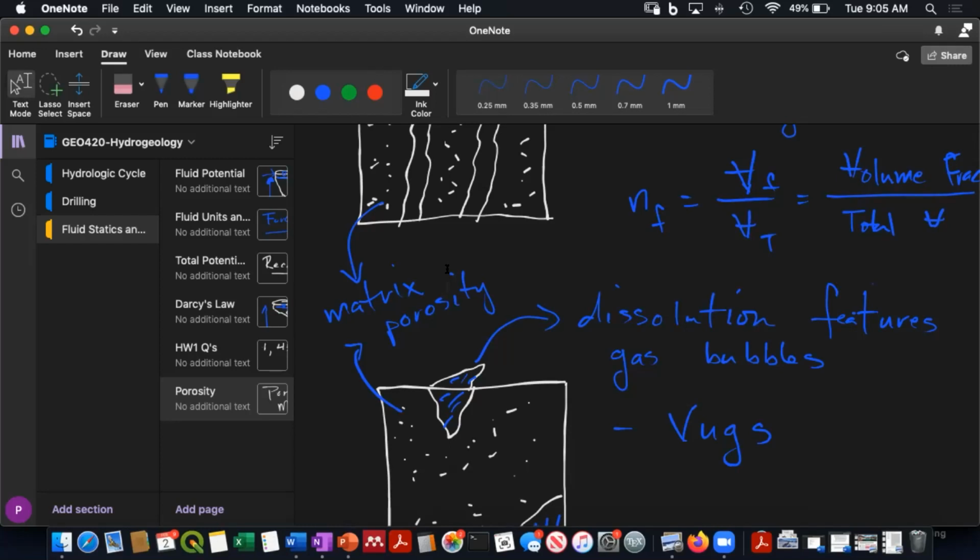Yeah, they're like synonyms. Matrix really refers to the other porosity besides fracture or vugs. So as an example, if I was in, say, our first example in the Hellgate alluvial aquifer, which is just sediments, it wouldn't make much sense to say matrix porosity, because you're not in consolidated rock, you don't really have fractures.